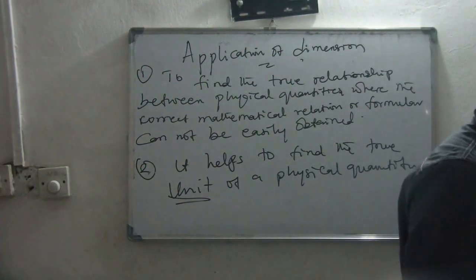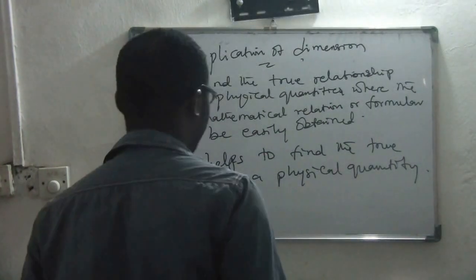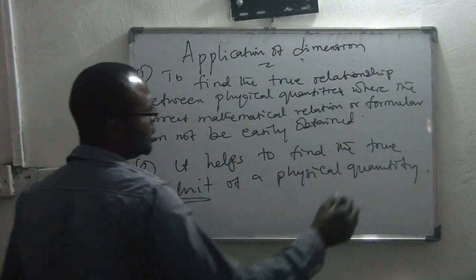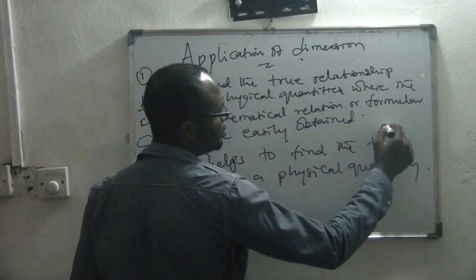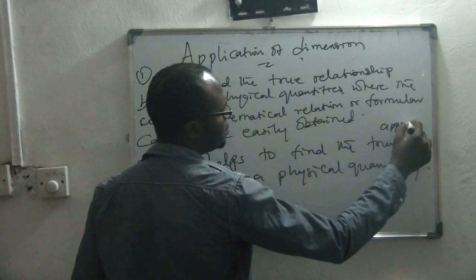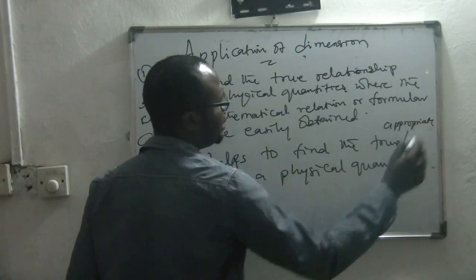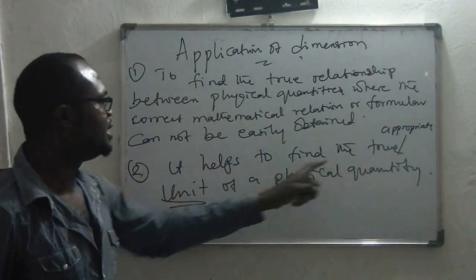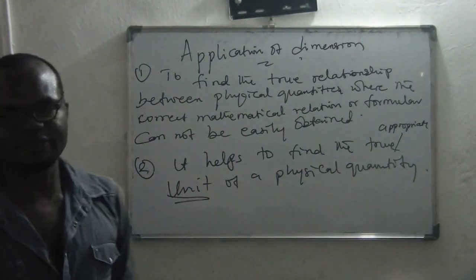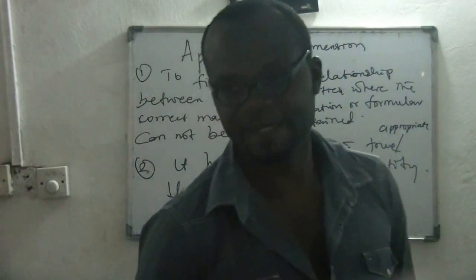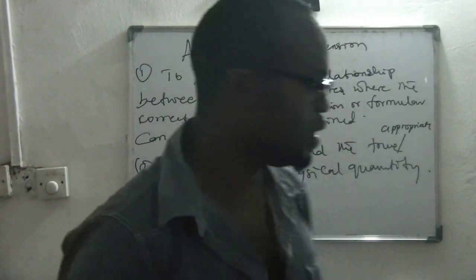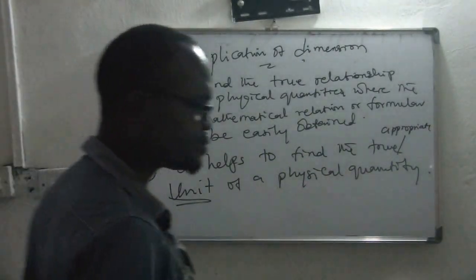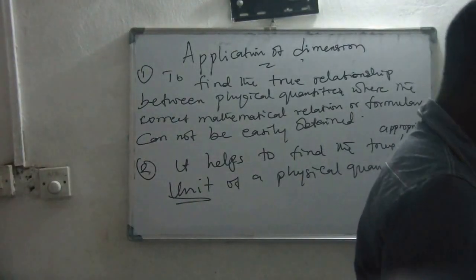You can say true or what? Appropriate. You can use the knowledge of dimension to find the appropriate unit of any physical quantity. Is that clear? This is among what we are going to be learning very soon.